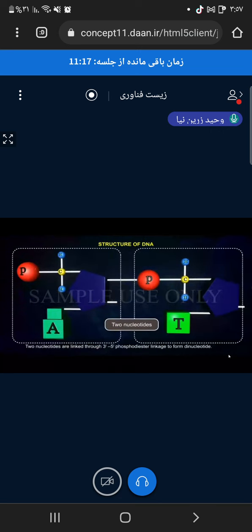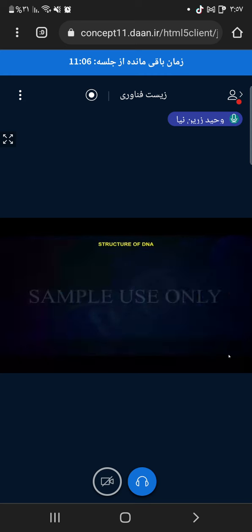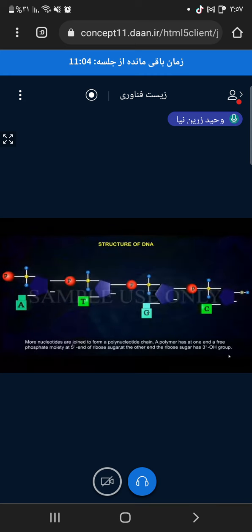Two nucleotides are linked through 3'-5' phosphodiester linkage to form a dinucleotide. More nucleotides join to form a polynucleotide chain. A polymer has at one end a free phosphate moiety at the 5' end of the sugar.